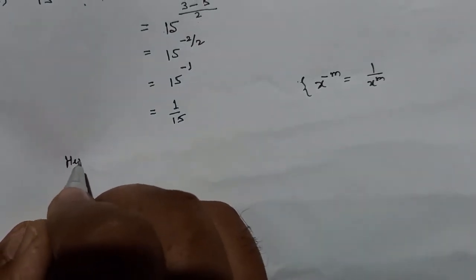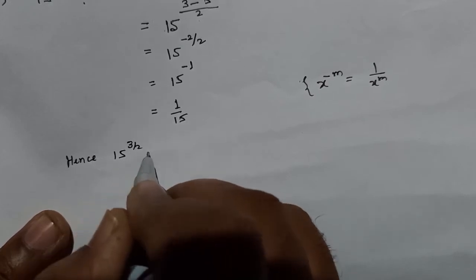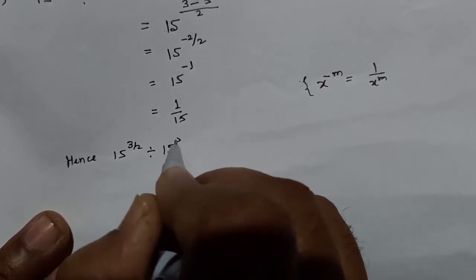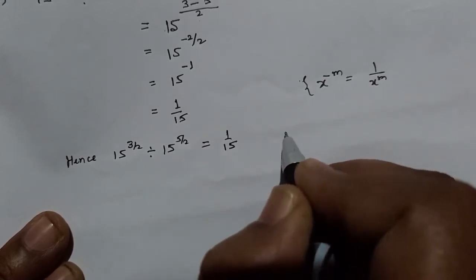Hence, 15 power 3 by 2 divided by 15 power 5 by 2 is equal to 1 upon 15.